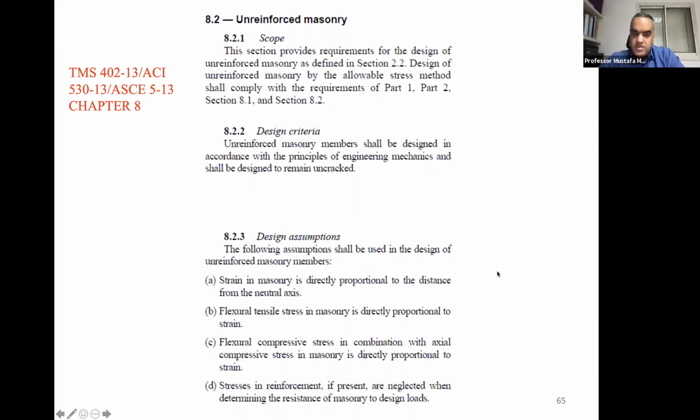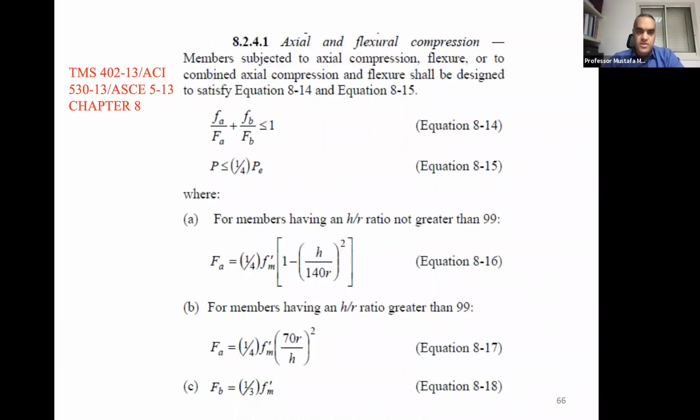Again, this is simple. Basically, using a linear elastic stress distribution, the stresses are proportional to each other, and then we can determine the relationships between them based on what's required. So here in this section, we have axial and flexural compression. Okay, and again, that's what we typically have in walls.